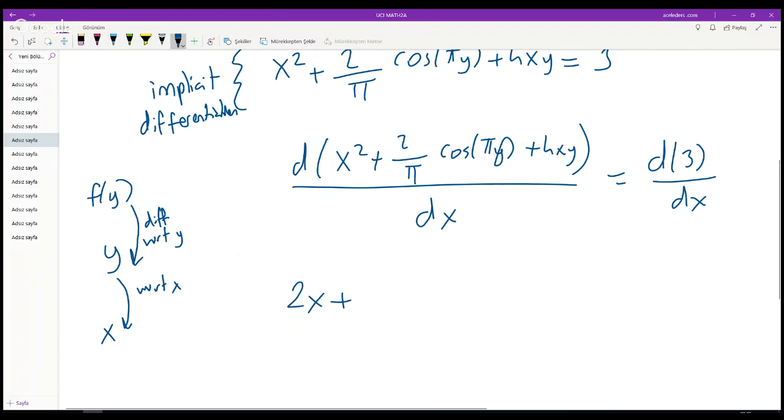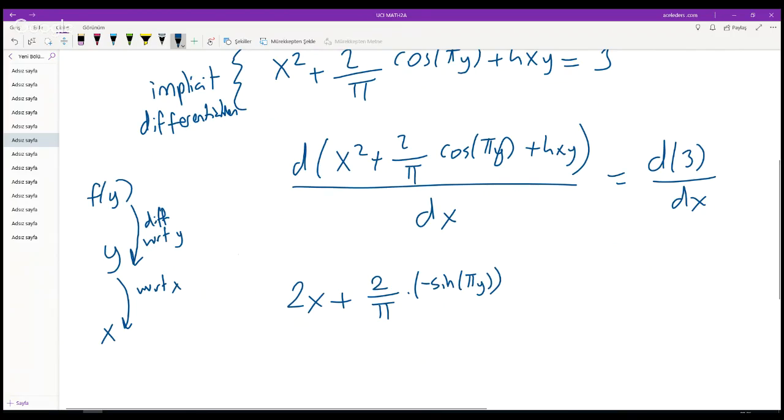So these are our two steps down. First, concentrate on 2 over pi times cosine of pi y and differentiate that. 2 over pi is a constant. I write that times the derivative of cosine, which is minus sine of pi y.